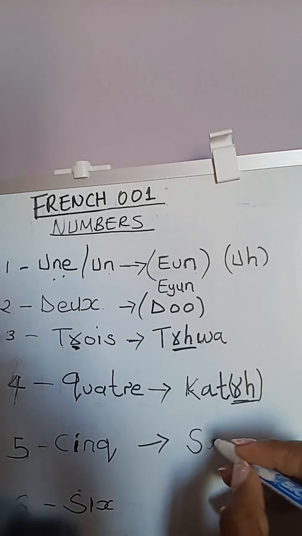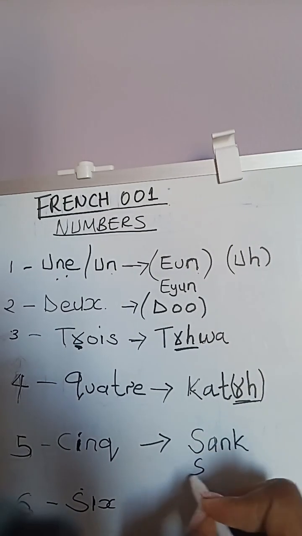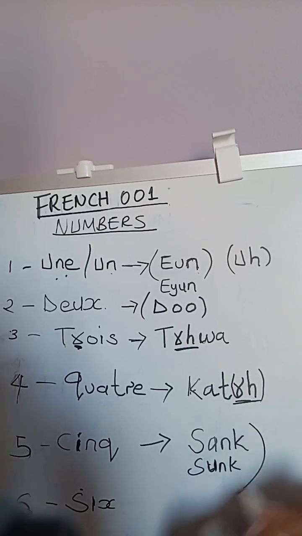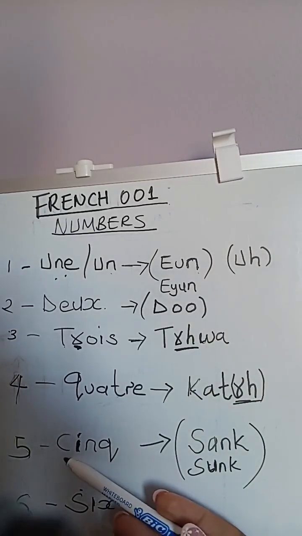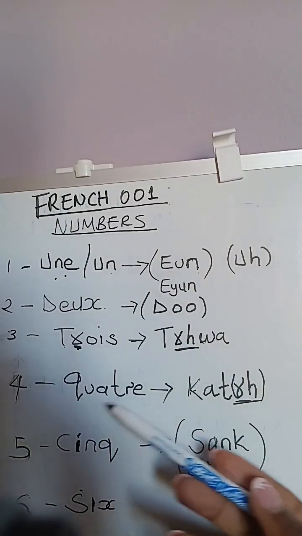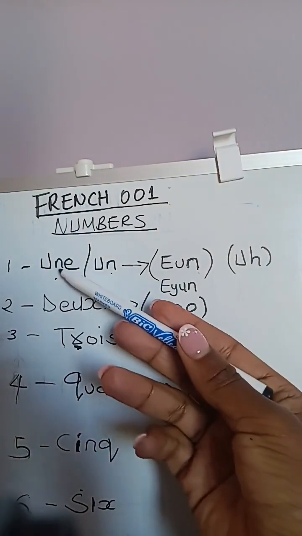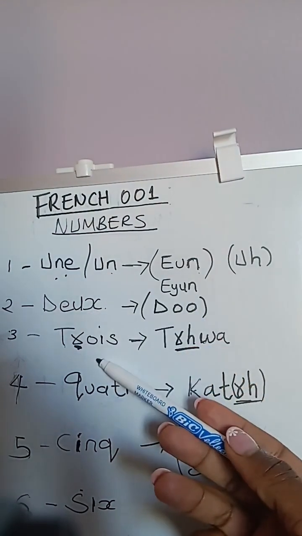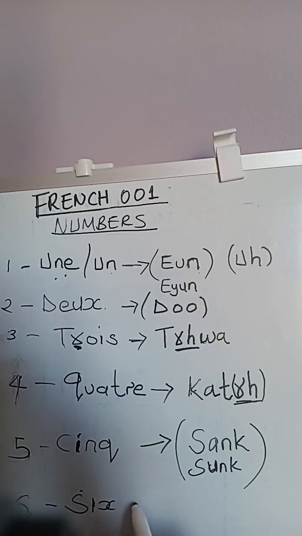So you can either read it as sank, or you read it as the past tense of sink. Okay? So this is how it comes about. Sank. Quatre, trois, deux, une, un, deux, trois, quatre, cinq.